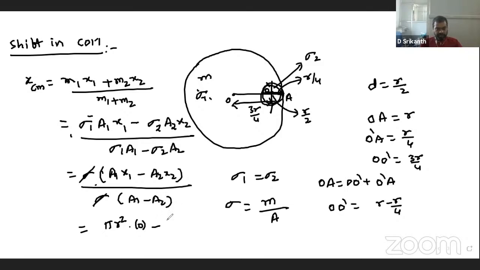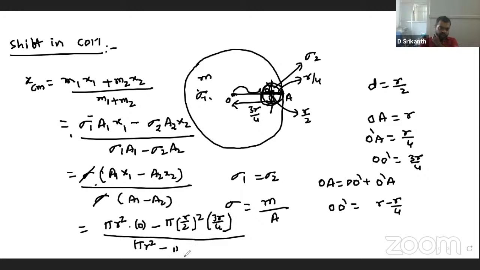And a2 I can write as pi times the radius of this small element, r by 2, whole square. The position of center of mass is measured with respect to origin, from O to O dash, that is 3r by 4. a1 is pi r square, a2 is pi r square by 4.